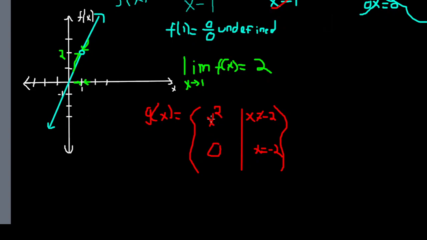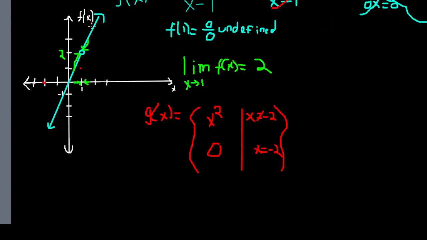So let's graph this. Well, g of negative 2, when x is negative 2, it's going to be 0. So let's plot that point. It's right about there. Okay. But then for the rest of the values, it's going to be x squared. So a parabola, it's going to be 1 squared is 1, 2 squared is 4, it's about here.